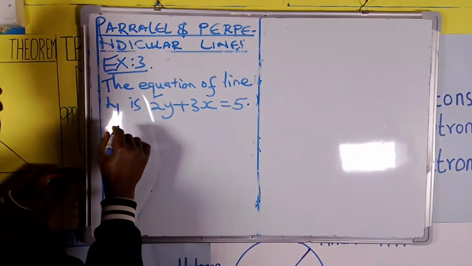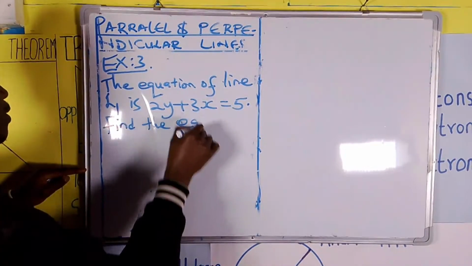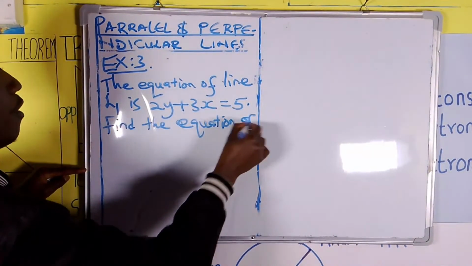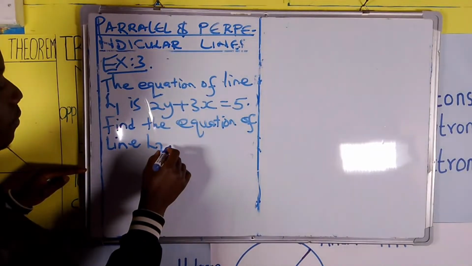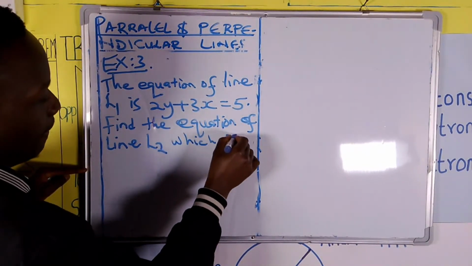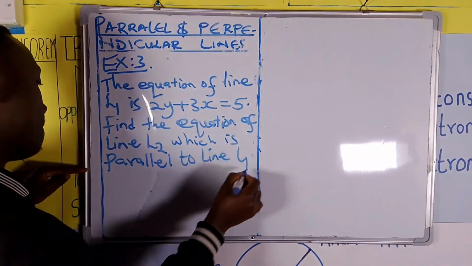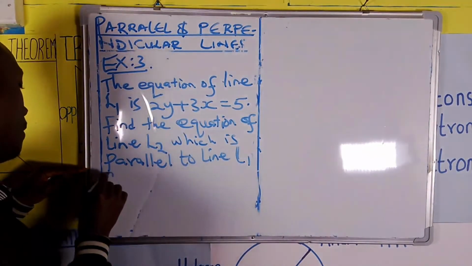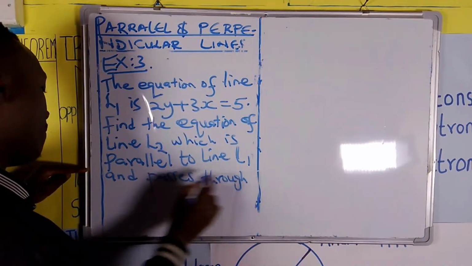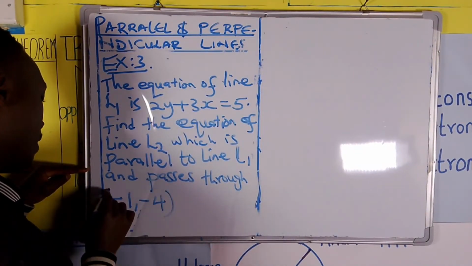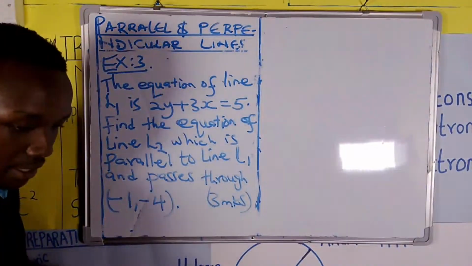Find the equation of line L2, which is parallel to line L1 and passes through negative 1, negative 4. 3 marks.